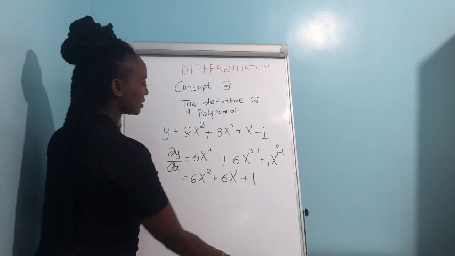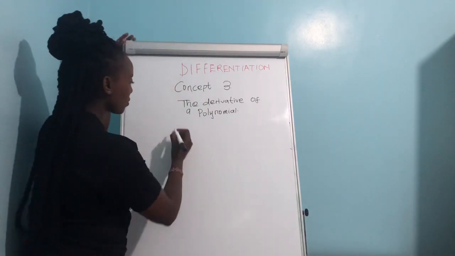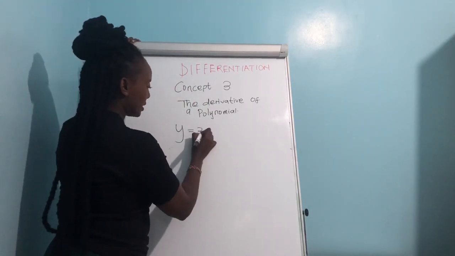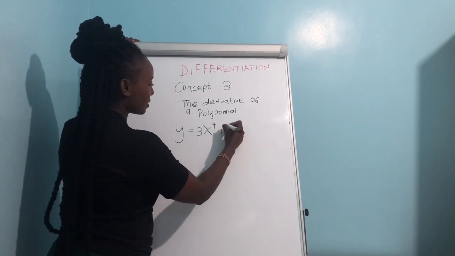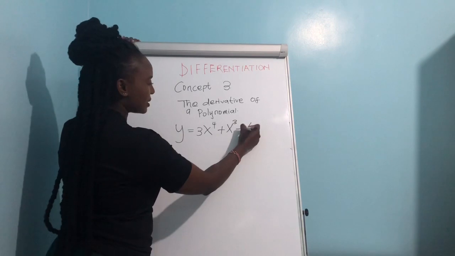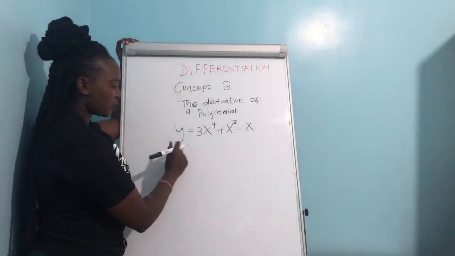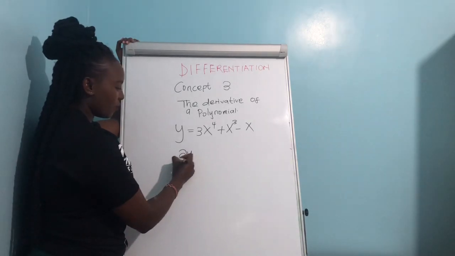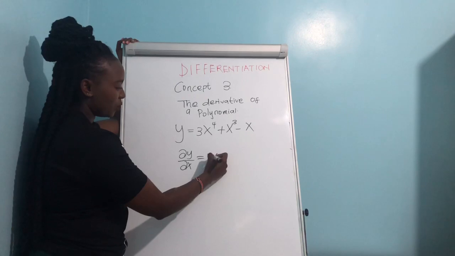Let us look at example 2. We've been given y is equal to 3x^4 + x^3 - x. When finding the derivative of y with respect to x, dy/dx should be the same as 4 times 3.